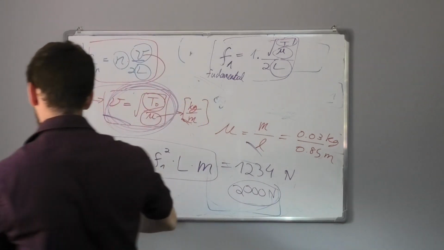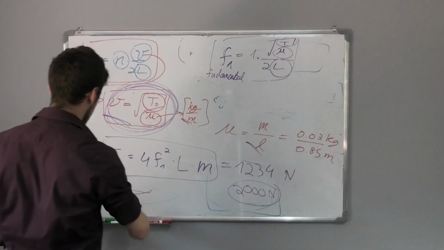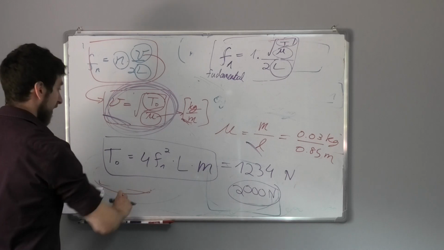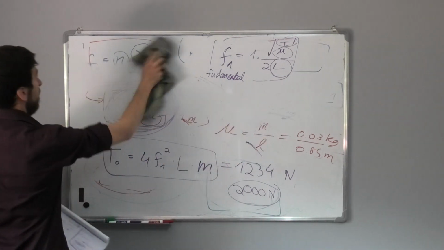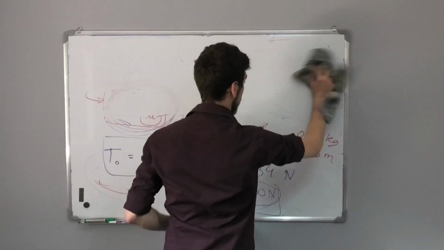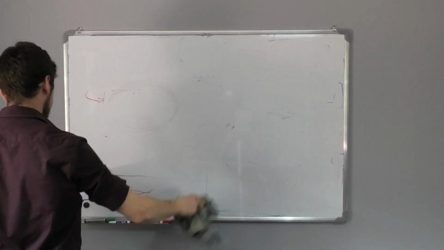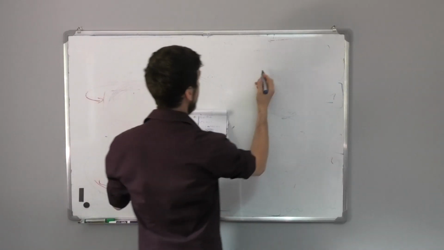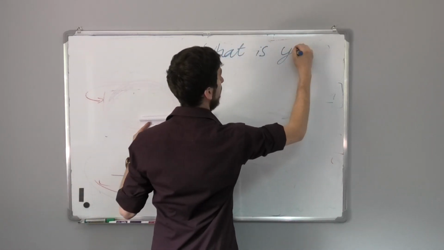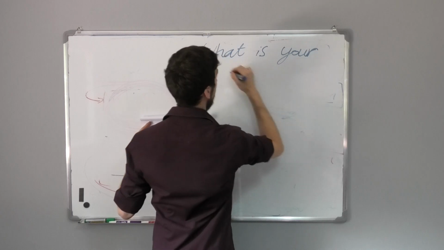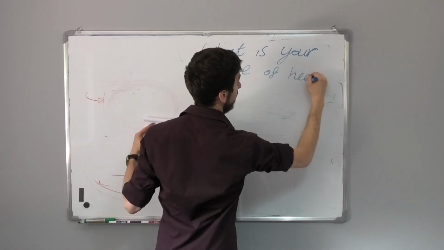So let's move on to the next part. The next part is what is the hearing range of a human ear, okay? So let's clean the board. What is your range of hearing?